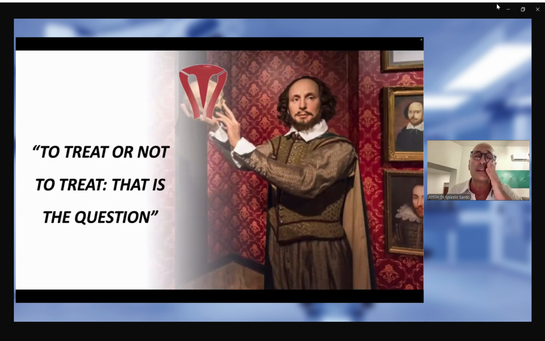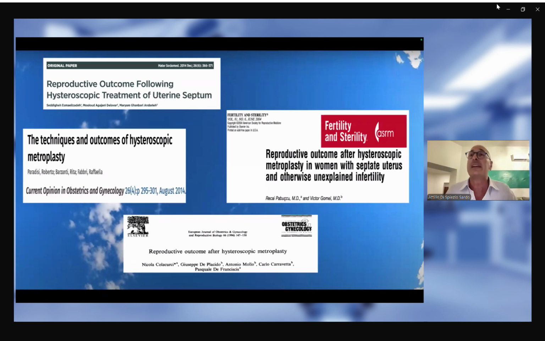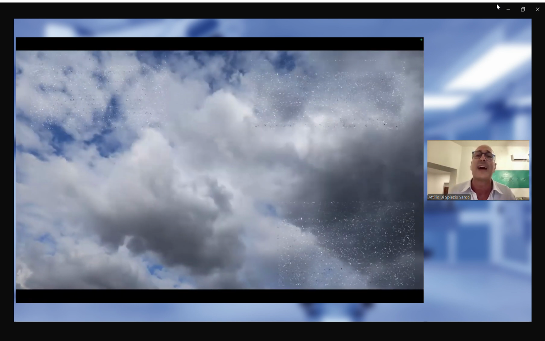But more difficult is to understand when septa should be treated. Of course, you understand that I am strongly in favor of the treatment of septa, but as a man of science, we have to analyze what the literature says, and we must not be fond of our good or less good surgery. We grew up, since I was a young trainee, with the conviction that if you treat uterine septa, you can improve reproductive outcomes.